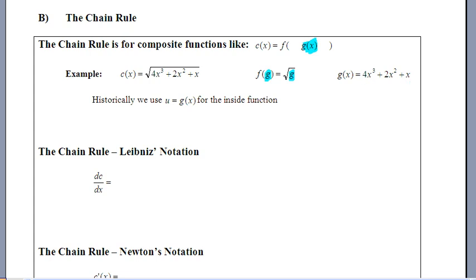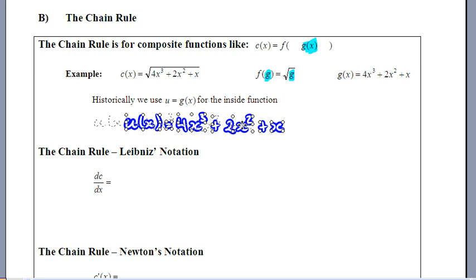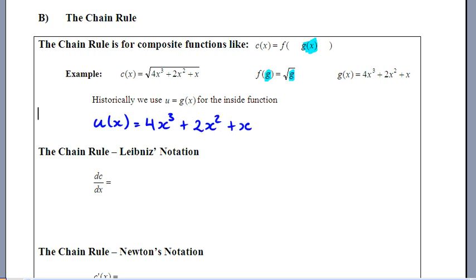Now we often like to use u for that internal function, just some historical thing that we've always done. So I guess in the story here, we could say u of x is 4x cubed plus 2x squared plus x. You're going to hear me talk about the blob, right? I'm going to look at this as just being a little blob of algebra.